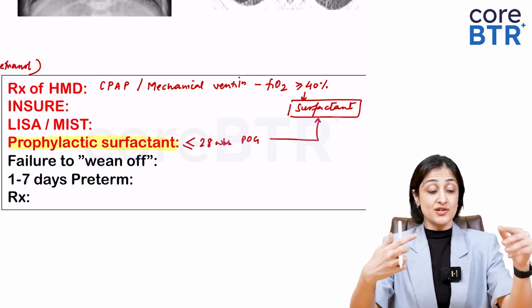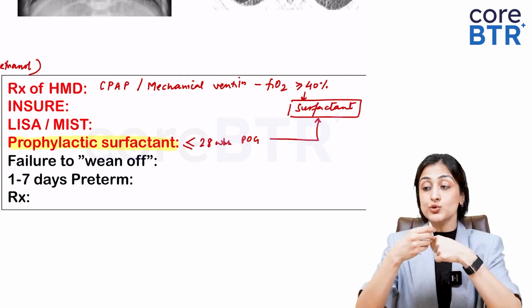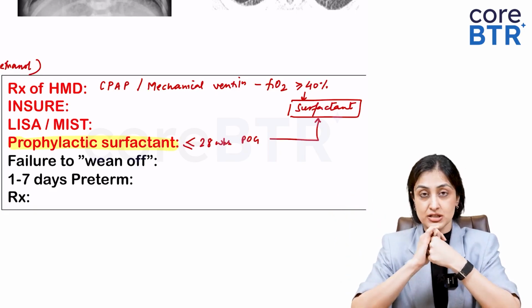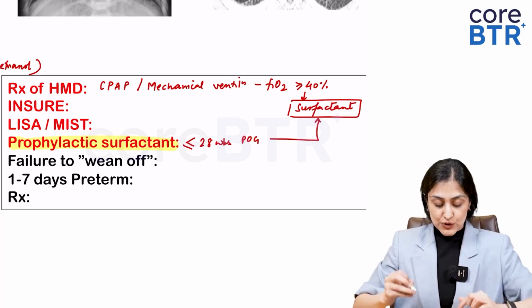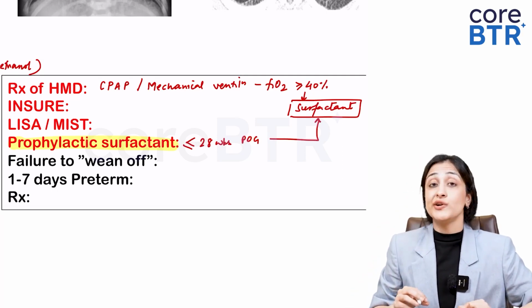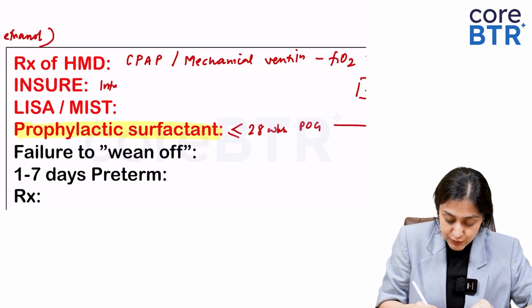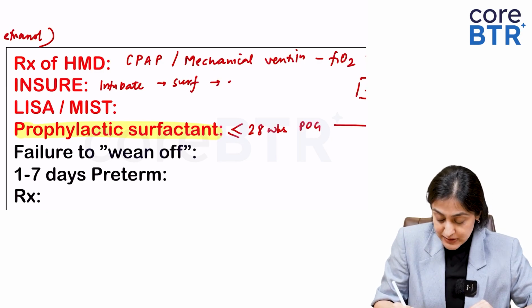How do we give surfactant? Previously, traditionally, they would put an ET tube and slowly over days they would inject surfactant. Now what they do is one-time surfactant therapy, where you don't really have to intubate for a long time, and that's called INSURE, which is intubate, inject the surfactant, and extubate. Okay, so that's INSURE, which was asked.